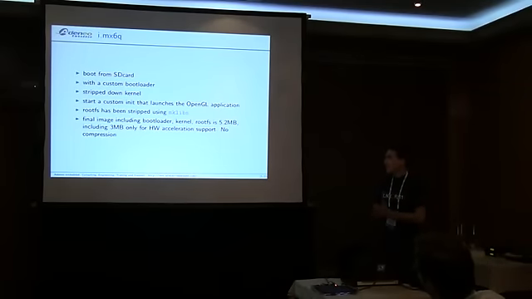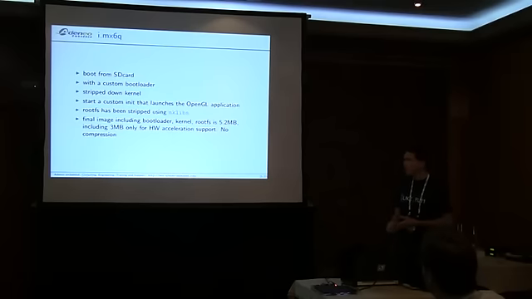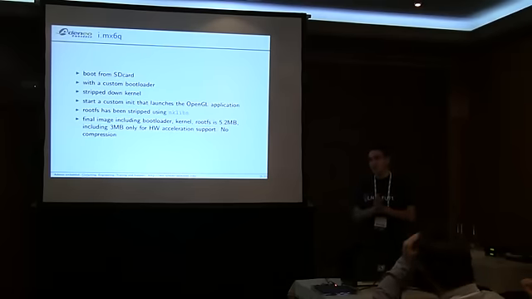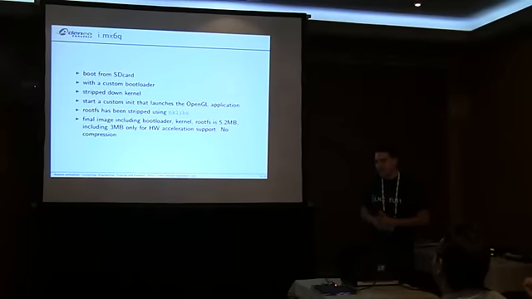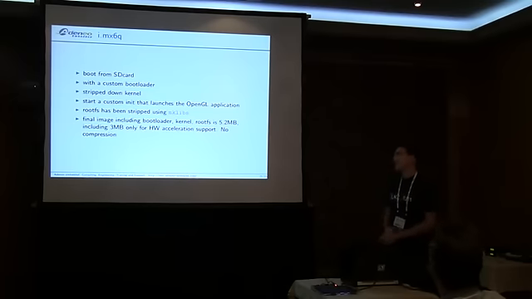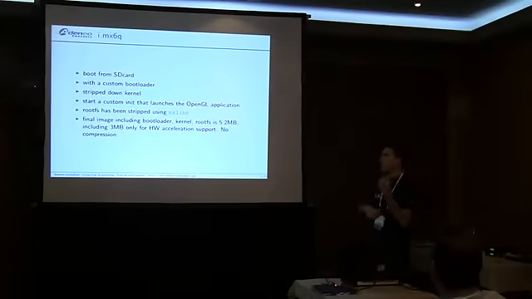On the IMX6, we are booting from SD card, still with a custom bootloader. We also stripped the kernel quite a lot and removed everything we are not using. The only things left are display and that kind of stuff, not even input. It starts a custom init, which is not that big, and it launches the OpenVG application.